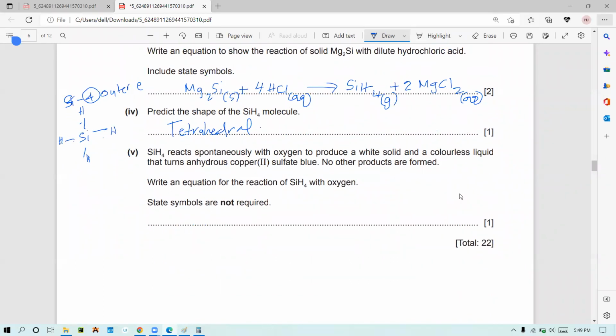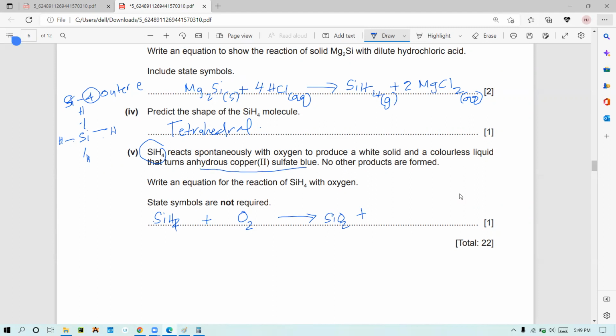Next question says, SiH4 reacts spontaneously with oxygen to produce a white solid. What is the white solid? Silicon dioxide. And a colorless liquid that turns anhydrous copper-2 sulfate blue.